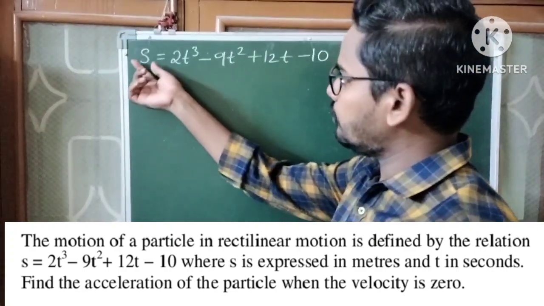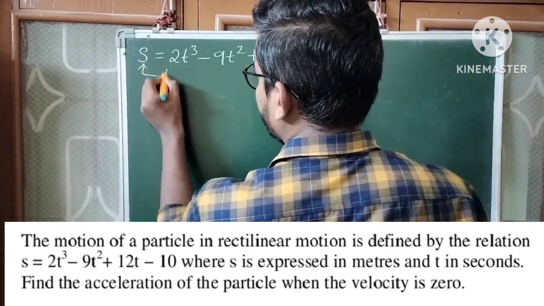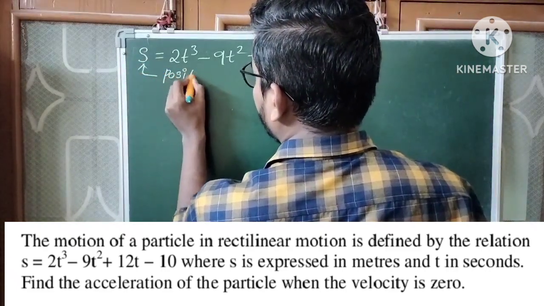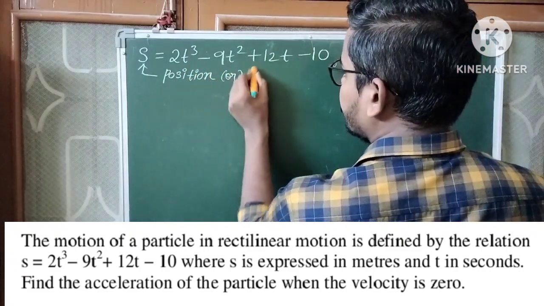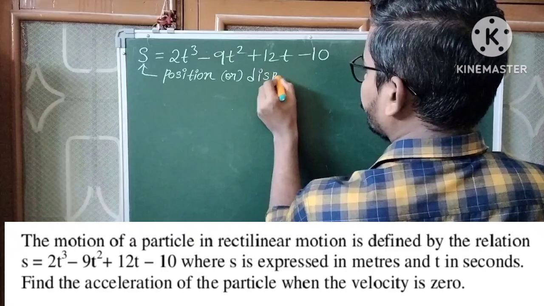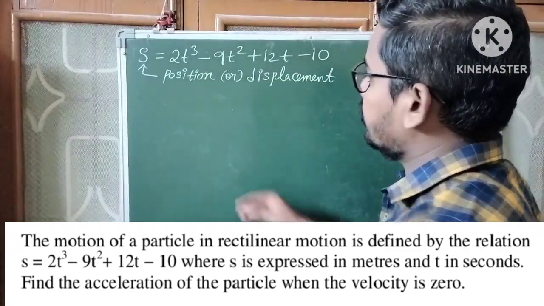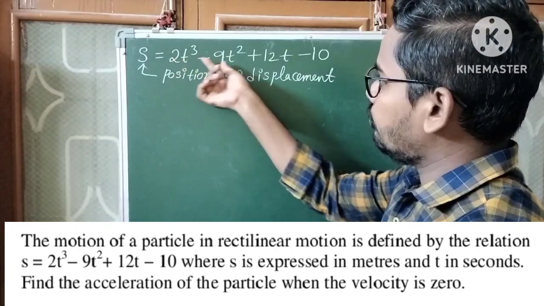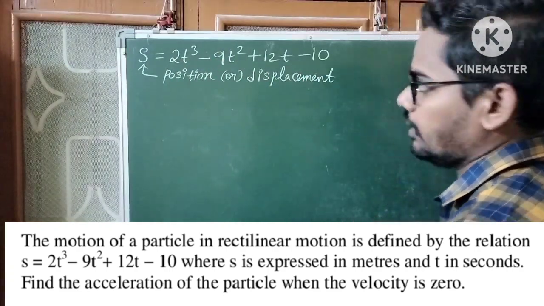So this is the relationship for the position of the particle. Here S means position of particle, or you can say displacement. So S equals 2t cube minus 9t square plus 12t minus 10.